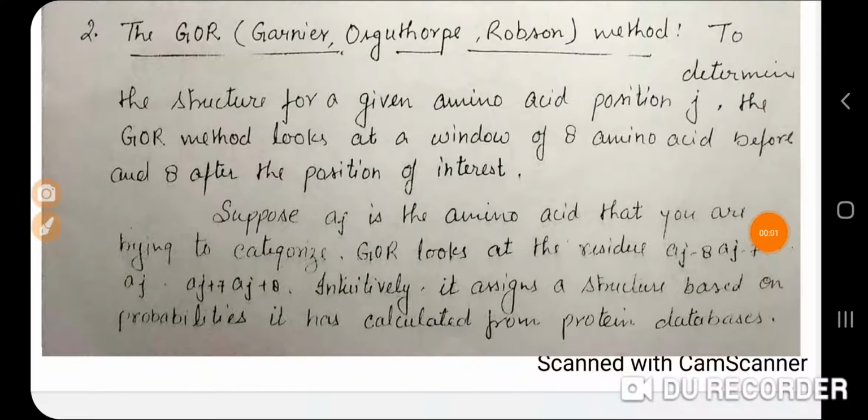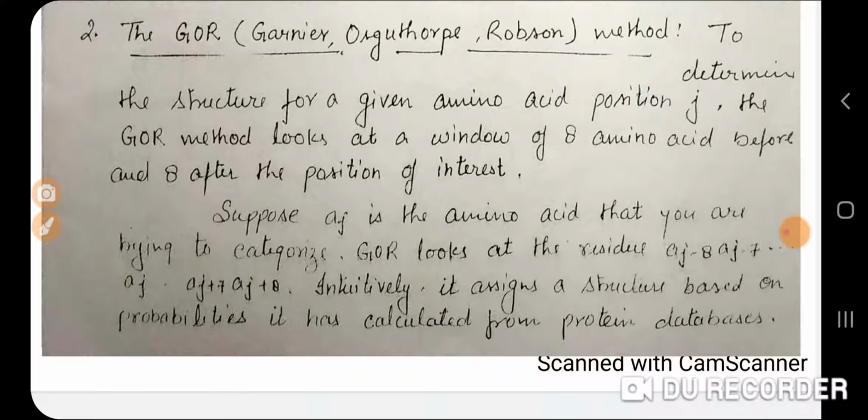Dear students, in the previous lecture, we discussed protein secondary structures and one method, that is the Chou-Fasman method. In this lecture, we will discuss another method, that is the GOR method.